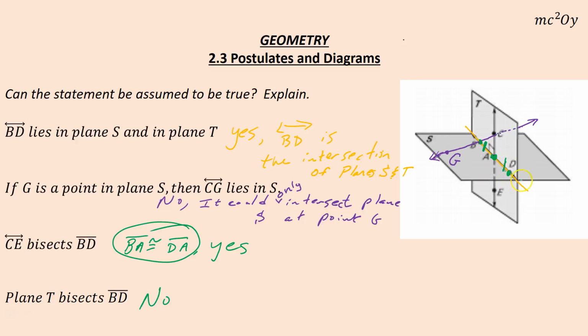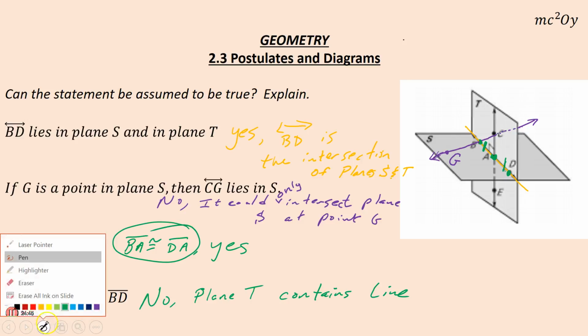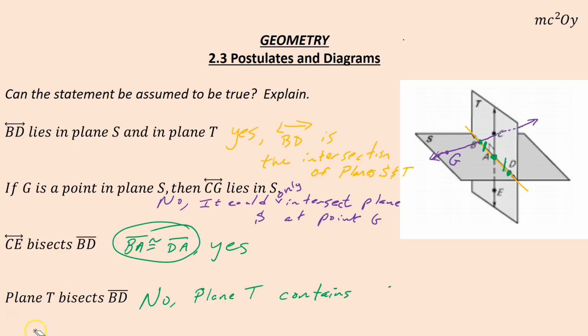It cannot bisect it in that case. So no, plane T contains segment BD. So it's not going to bisect it.